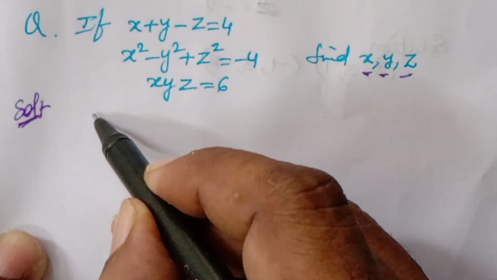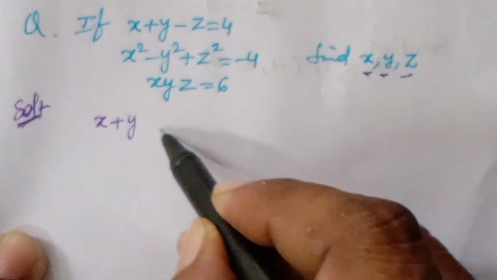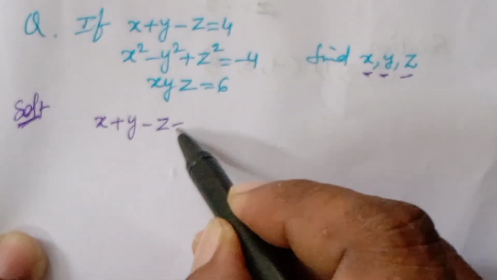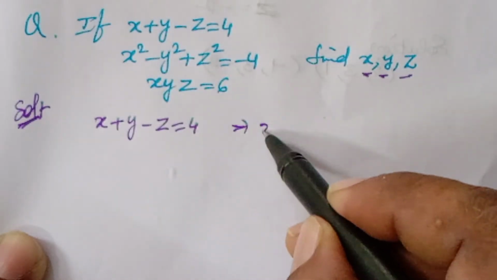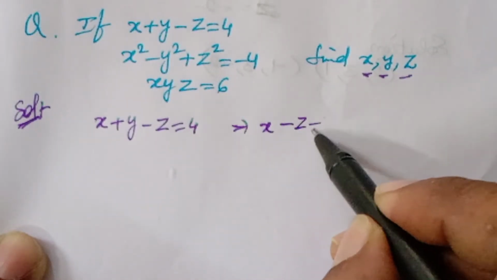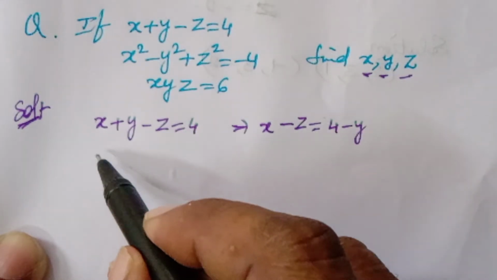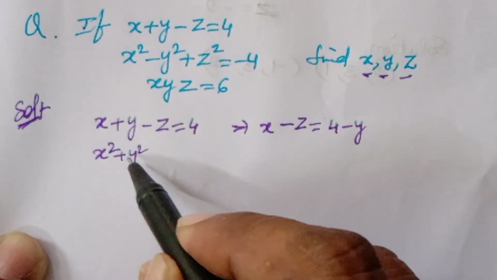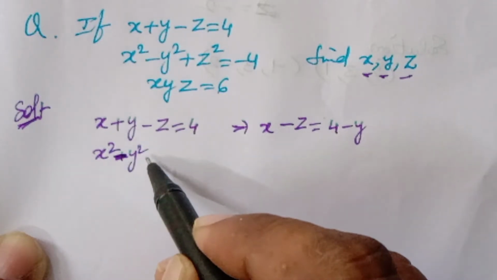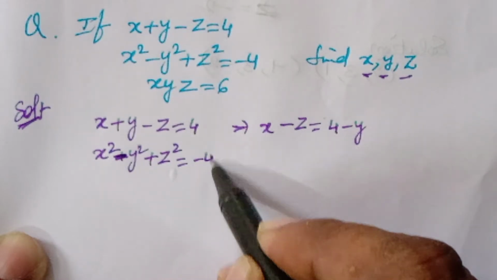So here first of all, what is given: x plus y minus z is equal to 4. So you can write it as x minus z is equal to 4 minus y. Second one, what is given: x square minus y square plus z square is equal to minus 4.